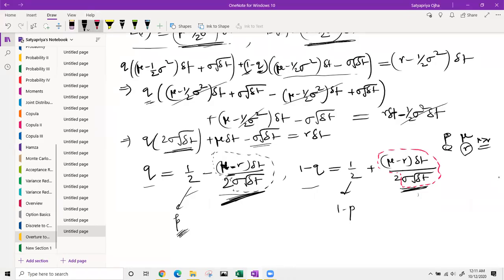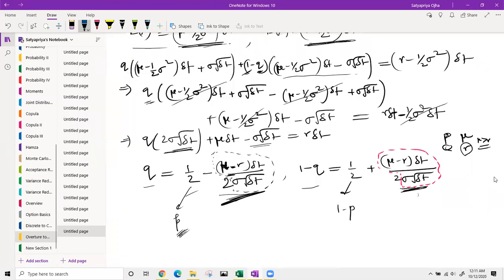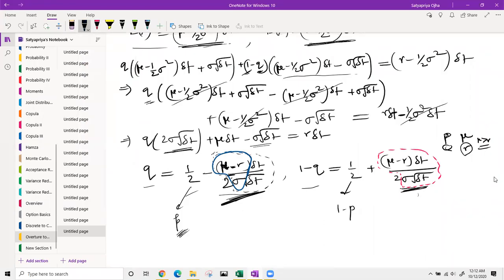Okay, let me show you something more. Look at this part. Does it look familiar? Not really standardization.